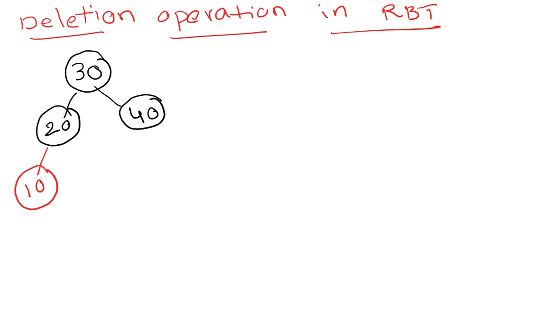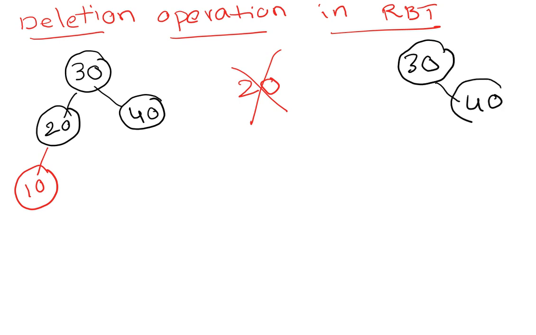Here I want to delete, not 10, but 20. What I want to delete is node 20. So now how can we delete here? If we delete 20, 30 will be here, and the right node will be 40.